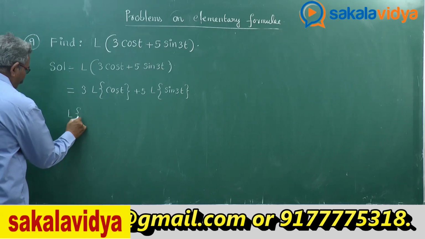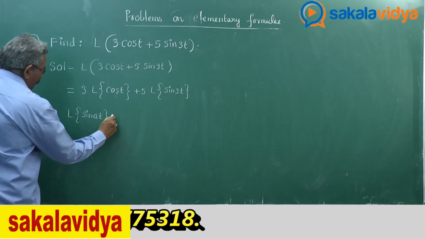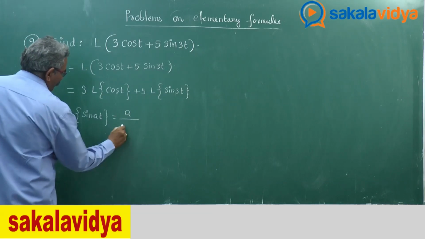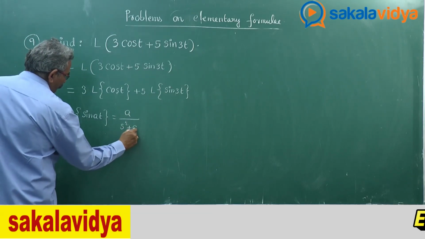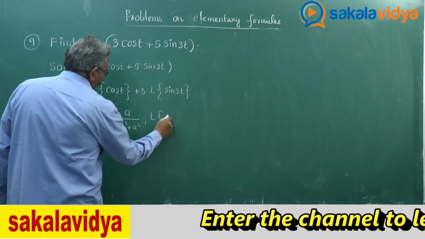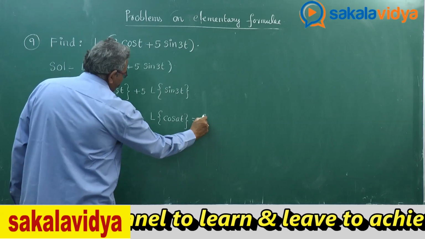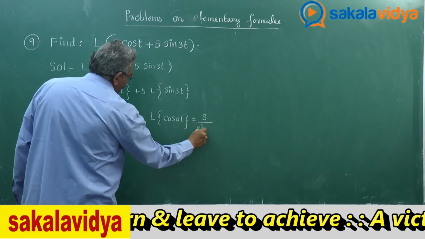The Laplace transform of sin at formula equals a by s square plus a square. The Laplace transform of cos at is s by s square plus a square.